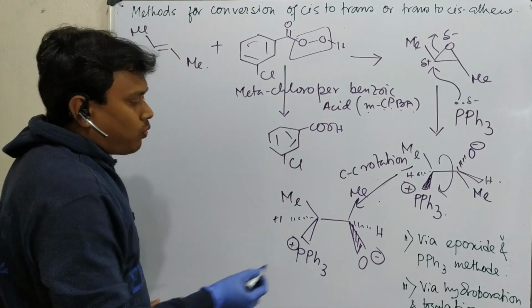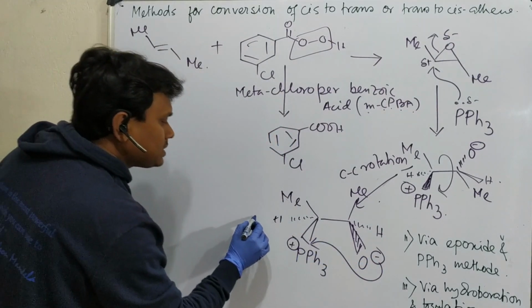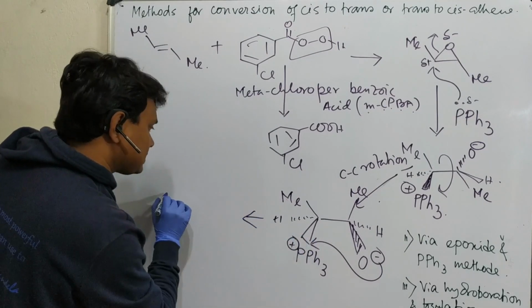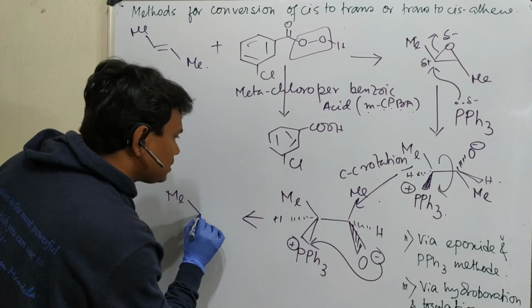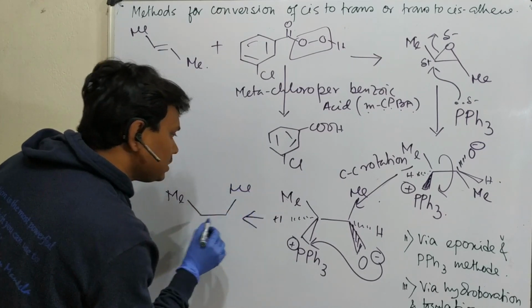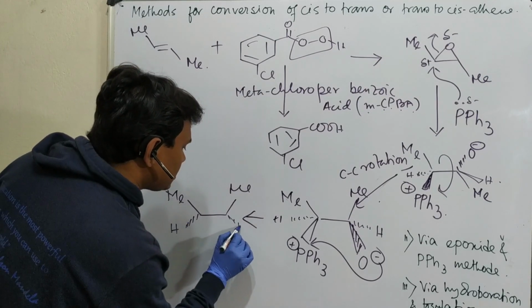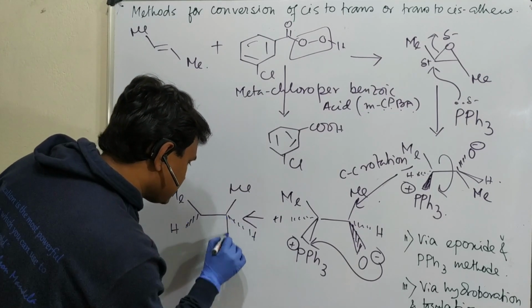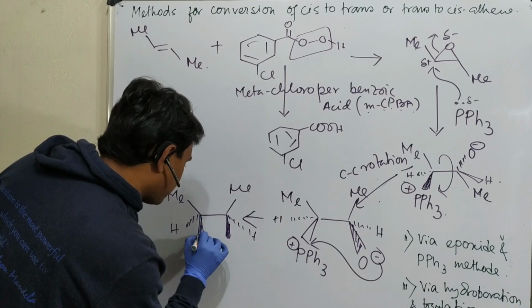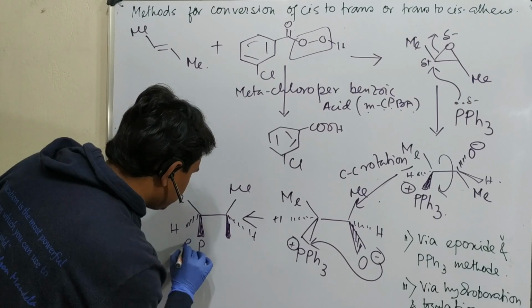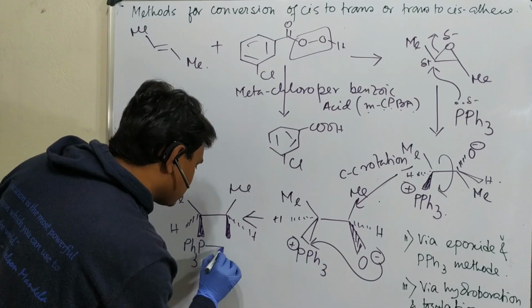Why? Because after that the O minus will attack here, and what is the consequence? If it attacks, then it forms a 4-membered ring. What do I mean? This is the methyl, hydrogen is in the back, and on the front side there will be PPh3 with a plus charge, so if it attacks, it neutralizes.